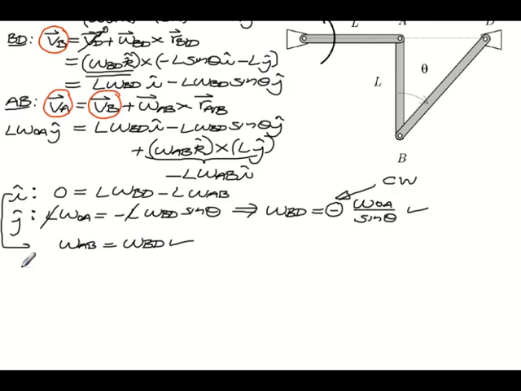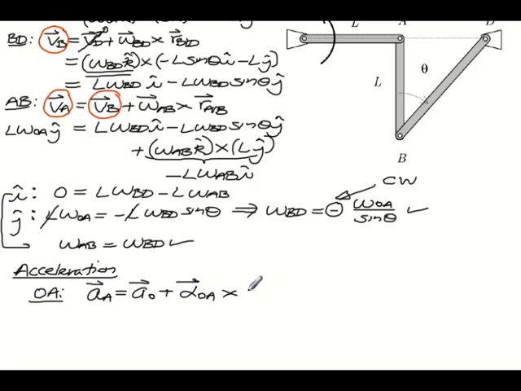We need to do the same thing that we did for acceleration. For link OA, we'll say acceleration of A is equal to acceleration of O plus alpha OA cross with the vector which goes from O to A minus omega OA squared R_A with respect to O. O is still that pin to ground, so that's a 0.